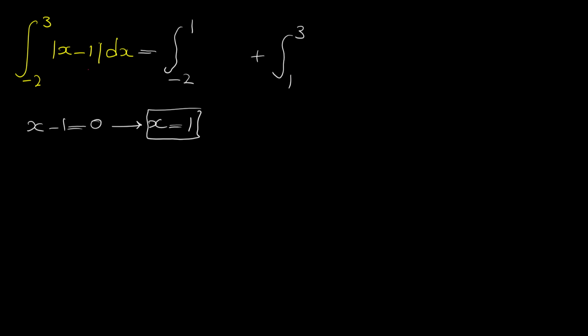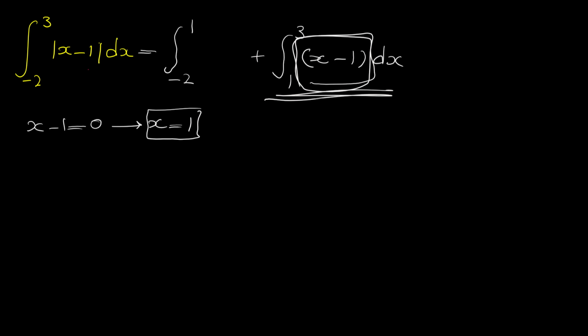So the absolute value of x minus 1, when x is in this region 1 to 3, is positive, and so the absolute value of x minus 1 is x minus 1. Now, if we look at this integral, we don't have absolute value anymore. In this way, we get rid of the absolute value.